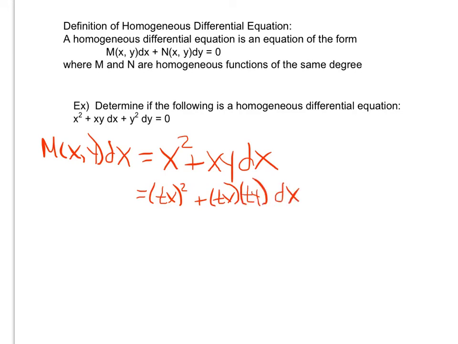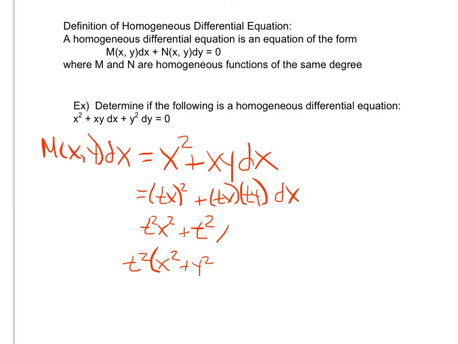And notice that it gives me t squared x squared plus t squared xy, which does factor t squared out. Whoops, I don't have a y squared there. I misread my writing.